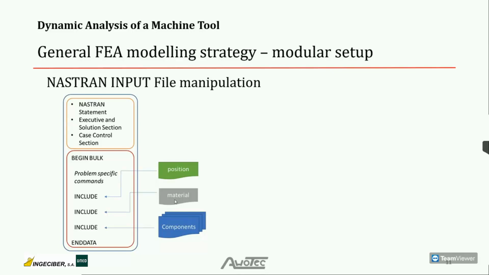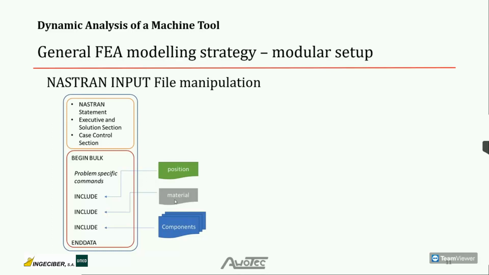It was decided to use a strategy that is based on the Nastran input file that is sent to the solver.